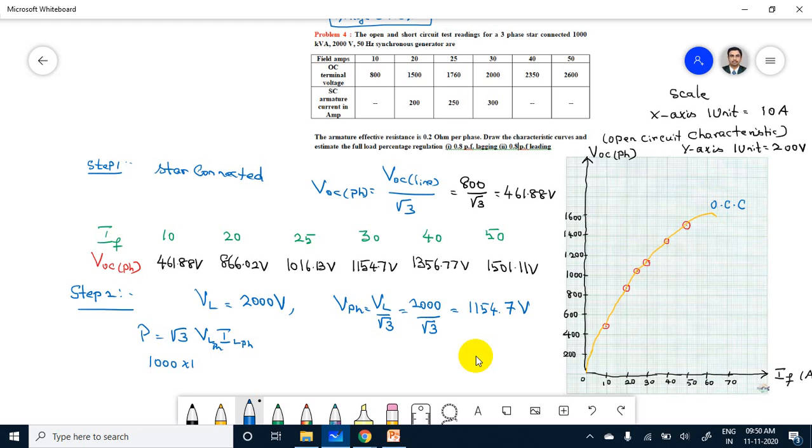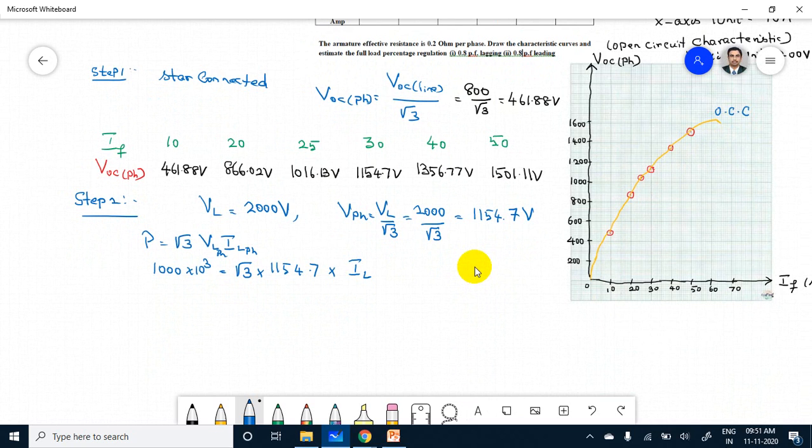Kilo 10 power 3 equals root 3 into V phase 1154.7 into IL. From this, can you tell me the IL value? IL equals 288.6751 ampere. Good.